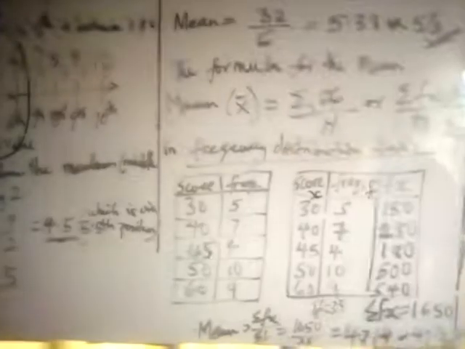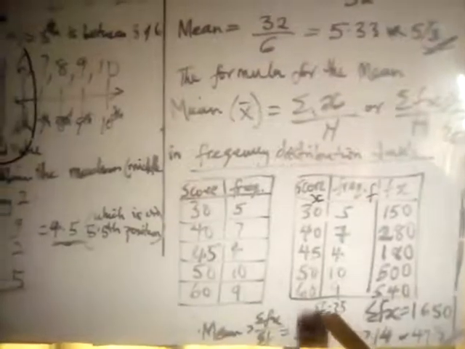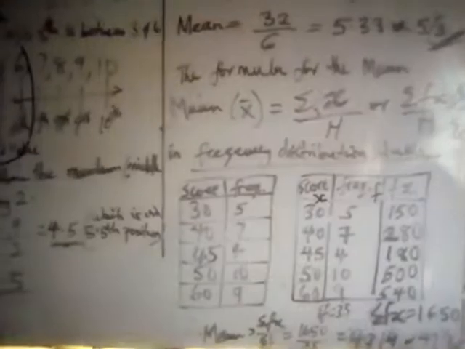Then you need to sum the frequency also. If we add 5 plus 7 plus 4 plus 10 plus 9, that will give you 35. So you have gotten your summation f and your summation fx.